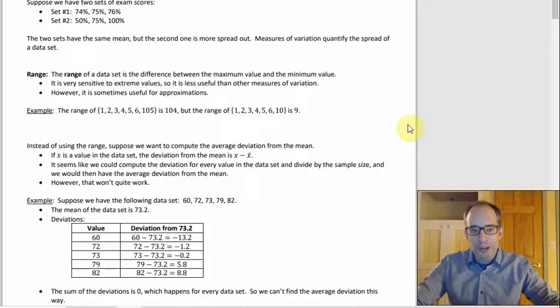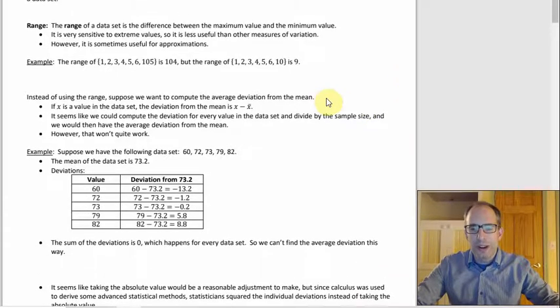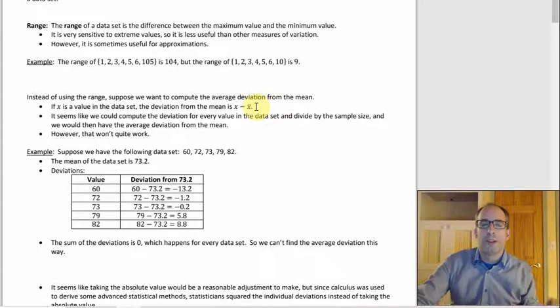So instead of using the range, what if we wanted to figure out the average deviation from the mean? So notationally, if x is a value in the data set, then a deviation would be x minus x bar, right? Since x bar is the mean.